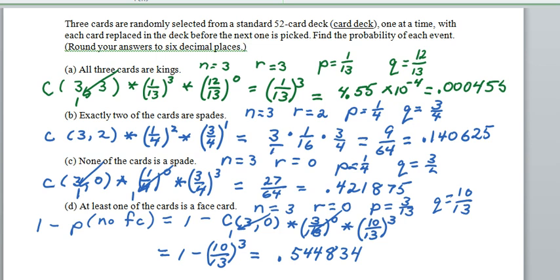And so in 54% of the time, there would be at least one face card out of the 3.